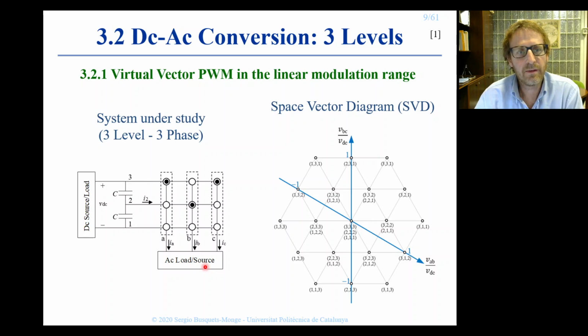And then on the AC side we have an AC load or source. The converter has 27 switching states, converter switching states, that define the vectors of the space vector diagram. These vectors are located in the plane of differential or line-to-line voltages.